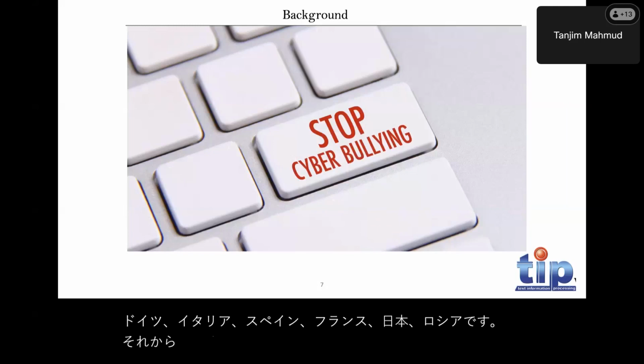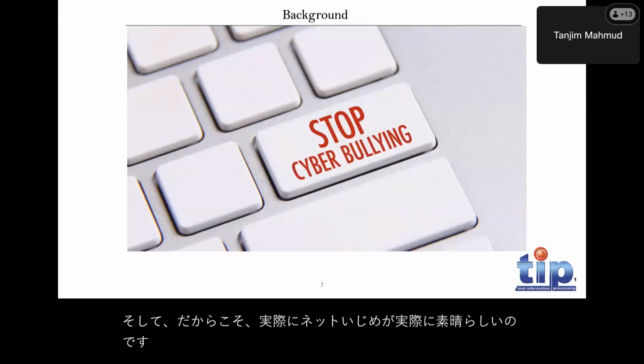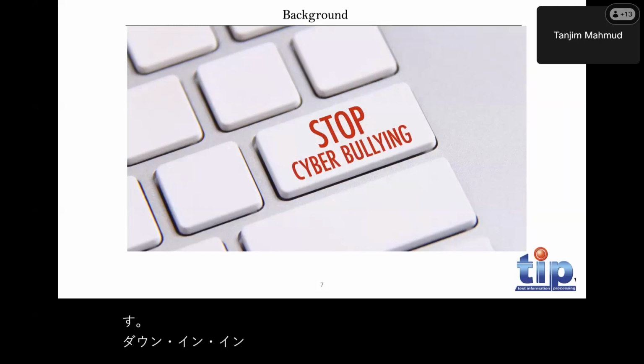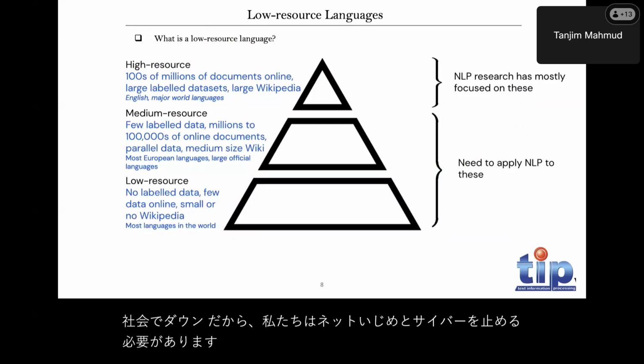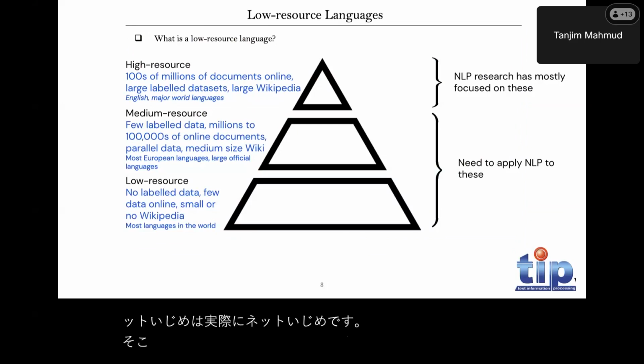That's why cyberbullying has a great impact on society, so we need to stop cyberbullying. And there are two dimensions based on languages: low resource languages and high resource languages.